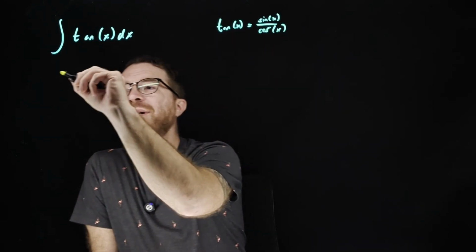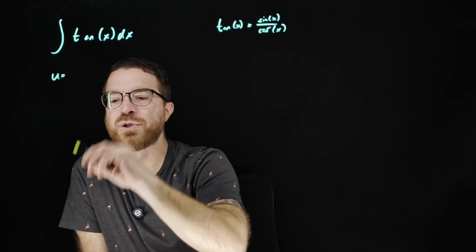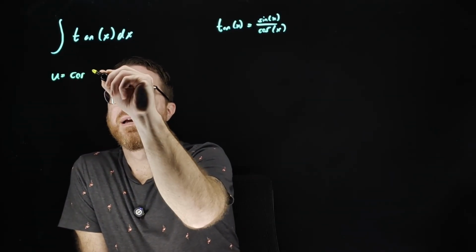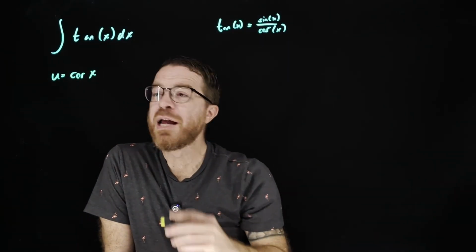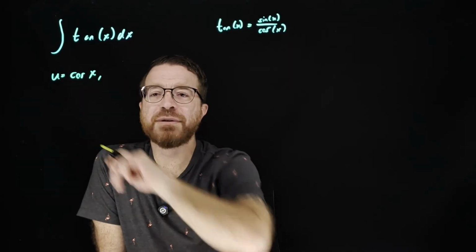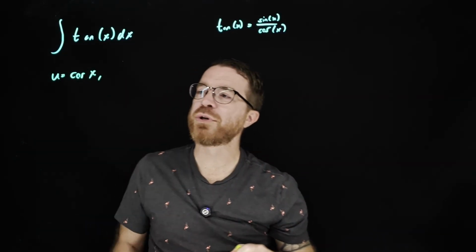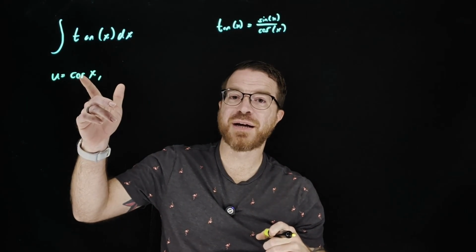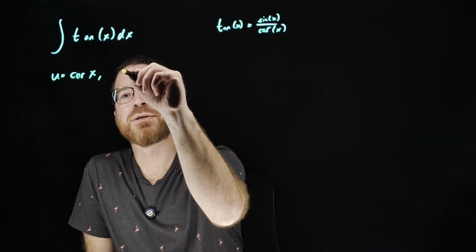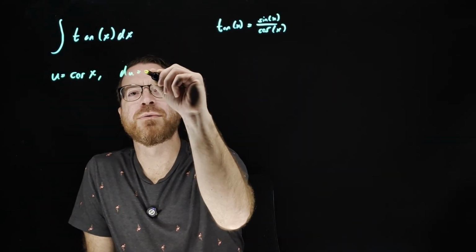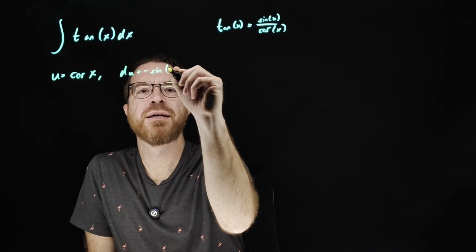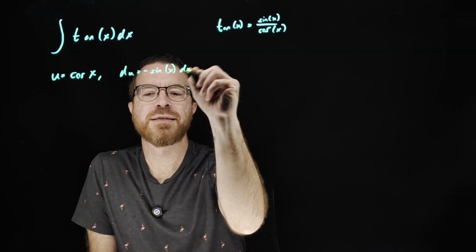So we're going to let u be equal to cosine of x. You might wonder, why did I choose cosine? Well, it's because when I take the derivative of cosine, it becomes negative sine of x. So we have du equals negative sine x dx.